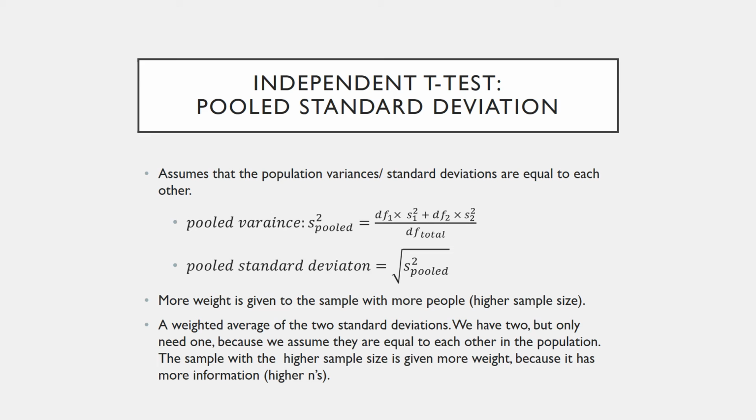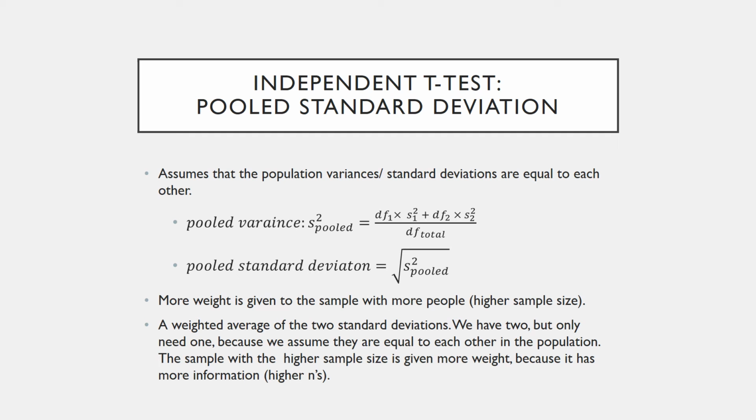Okay? And then we divide by the total degrees of freedom to get the average. So you have the two variances, and then you multiply them by the degrees of freedom. Whatever gets the higher degrees of freedom is going to have more weight.